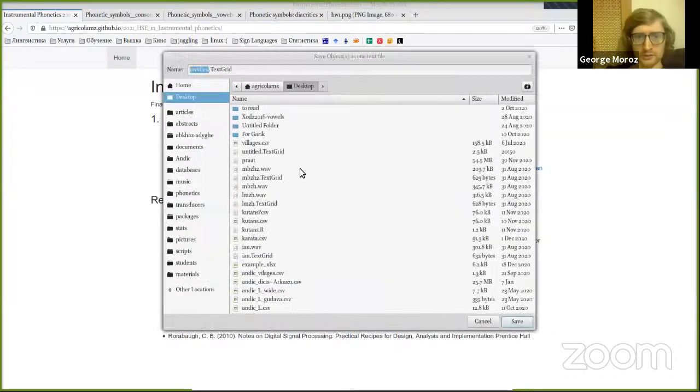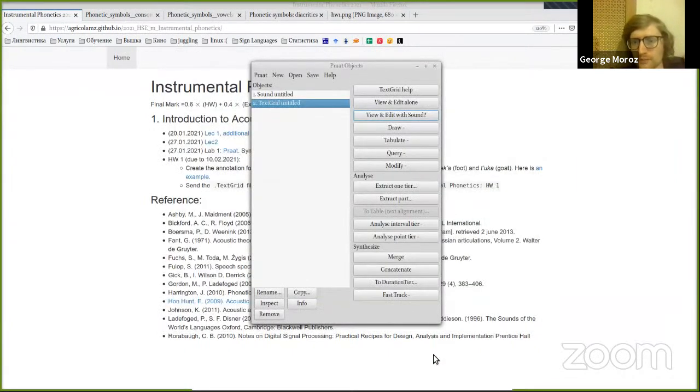Save it as a text file, and then use this TextGrid extension. There are also other types of Praat objects, but we haven't discussed them, so I don't want to bother with it now.